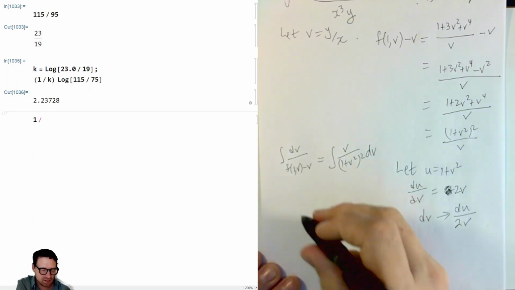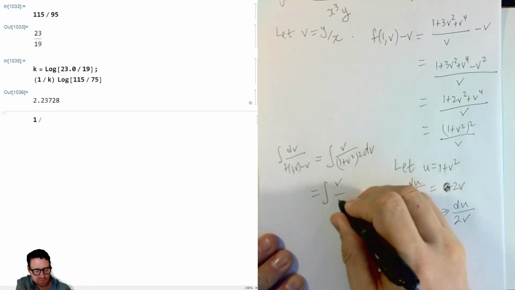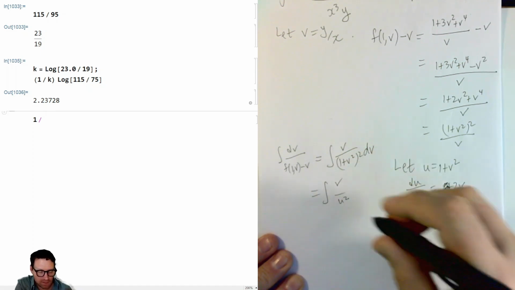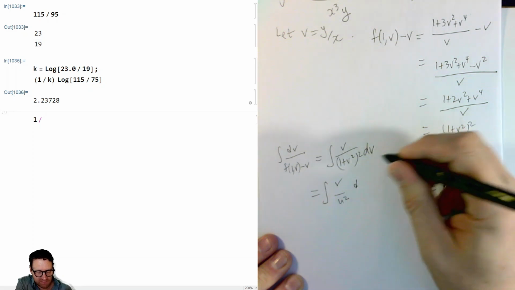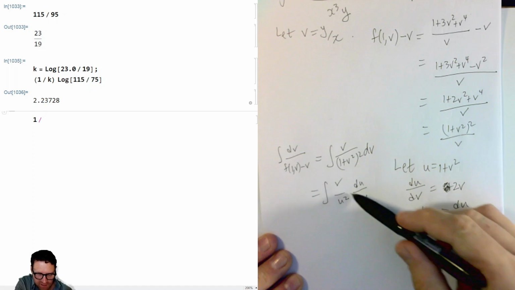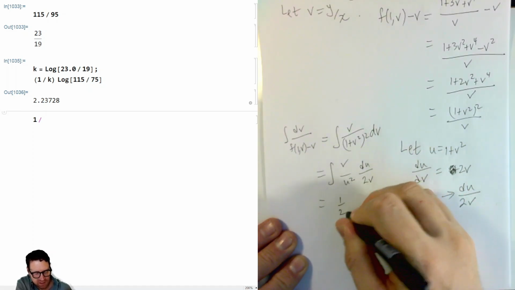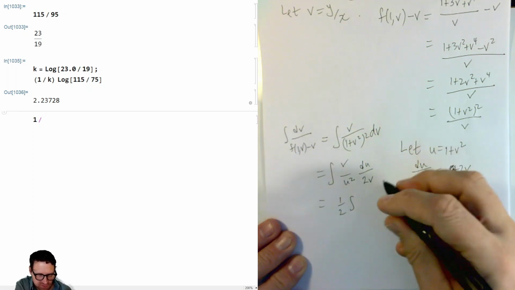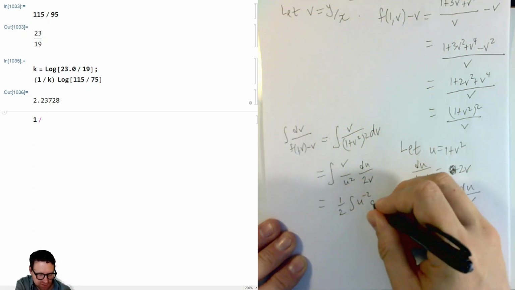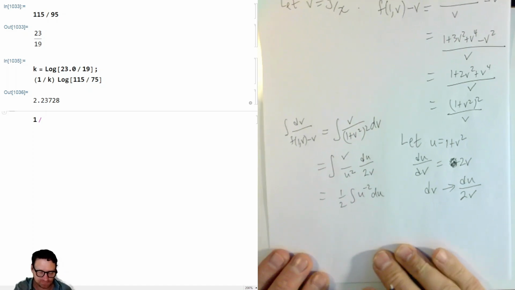Okay, so we do that here. So this becomes v over u squared, replacing dv with du over 2v. Now you can see what happens. The v's vanish. So we have the integral, or half the integral of u to the minus 2 du. So now we can add 1 to the exponent, divide by the new exponent.